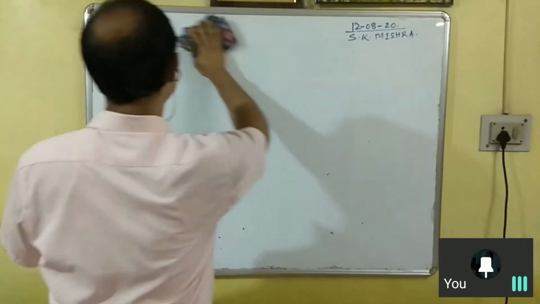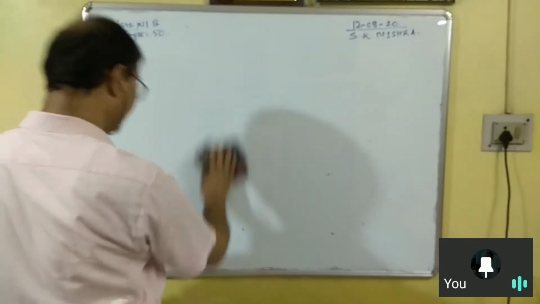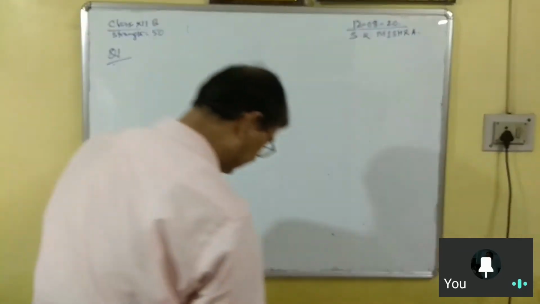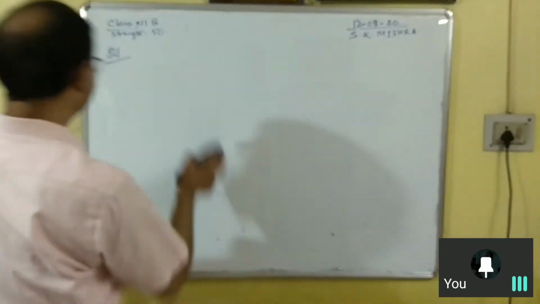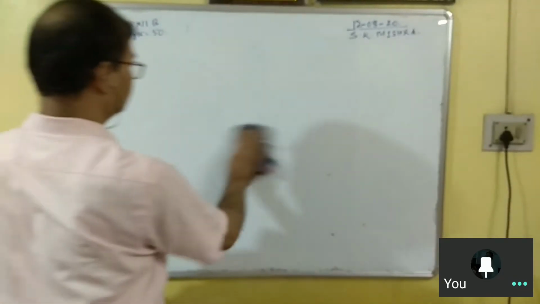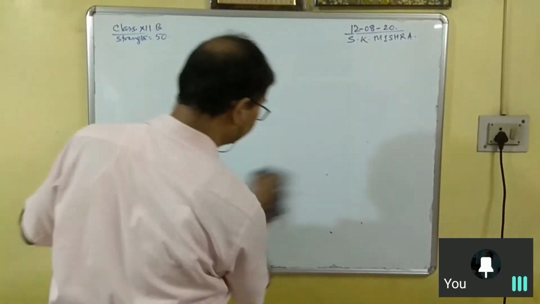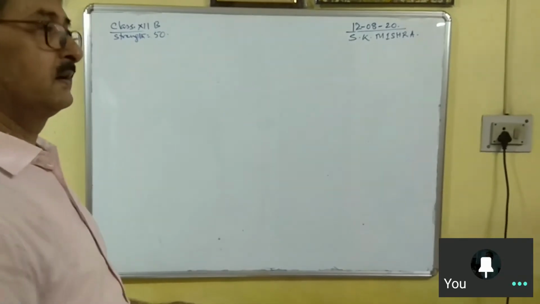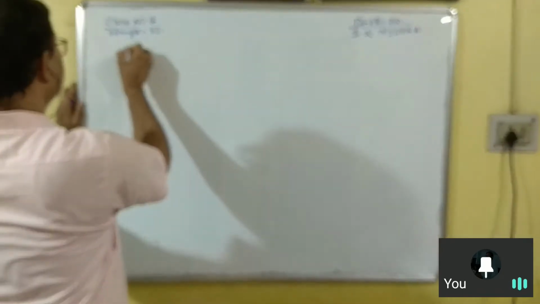Do you want to recapitulate the same thing again? Or will it be okay? That is the induced EMF in a rod rotating in a magnetic field. That part is clear? Now I am doing one question based on that concept.